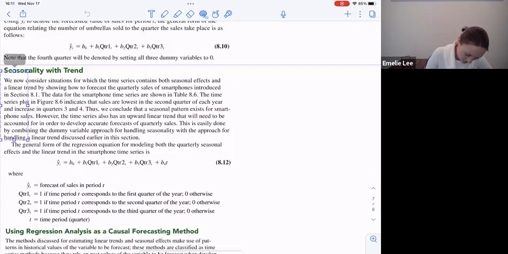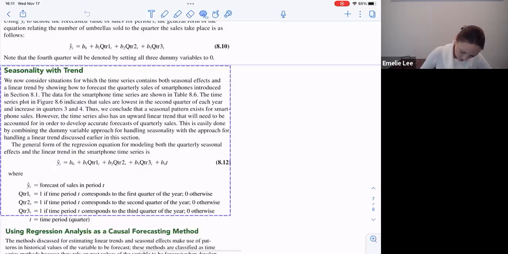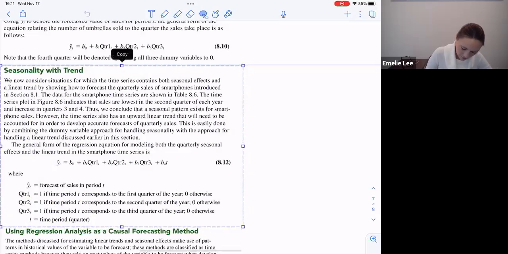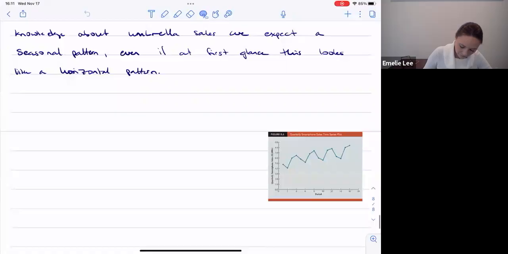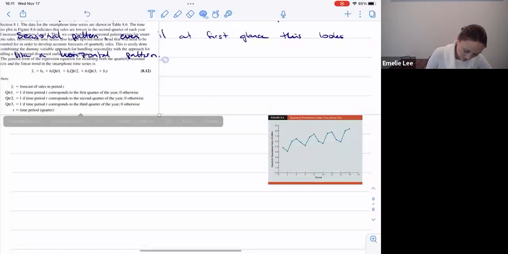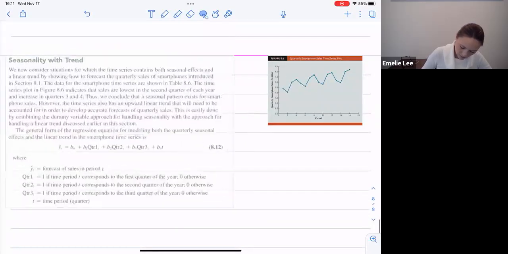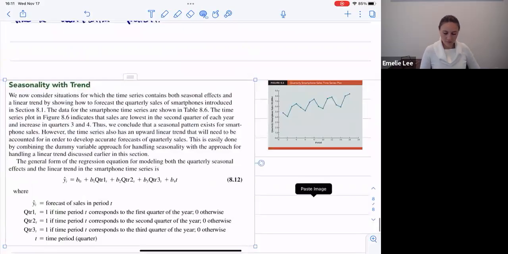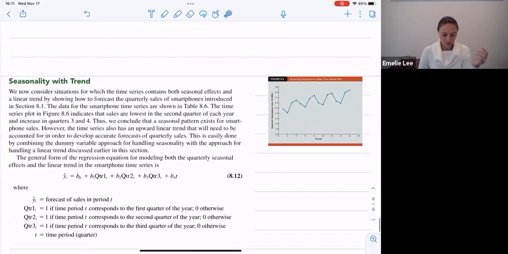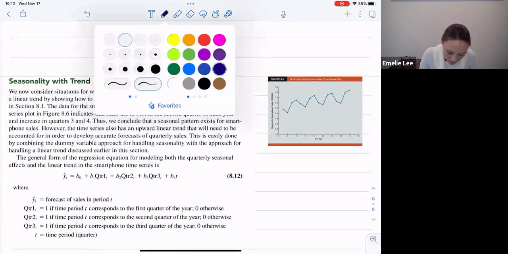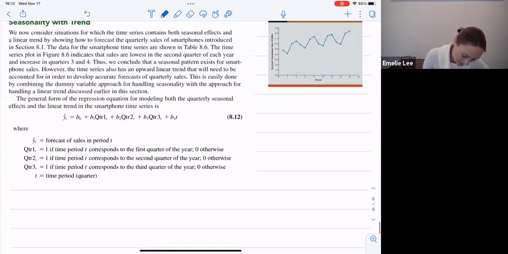So what we would do is incorporate both aspects. Here we would combine the dummy variables, which account for the seasonality, and then we would add the t, which is the trend variable. It's the time variable, but that's what gives us the trend.